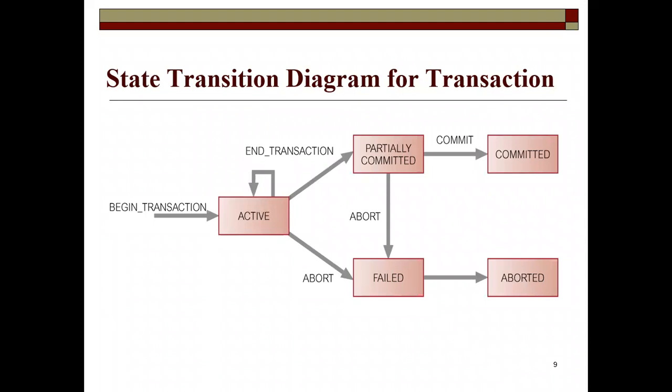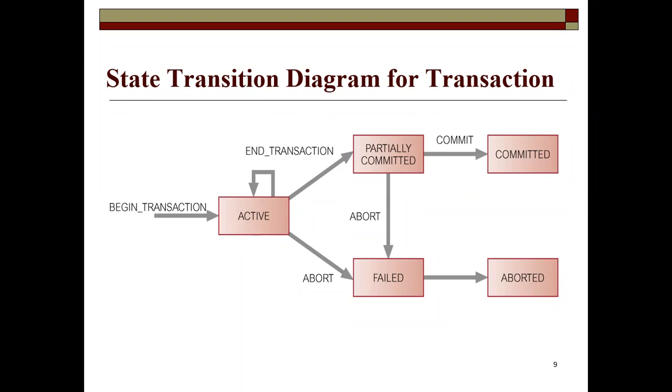It can either be active, partially committed, failed, committed, or aborted. So when we begin a transaction, it moves into the active state. Active state, that simply means we are in progress of performing the actions that make up a given transaction.